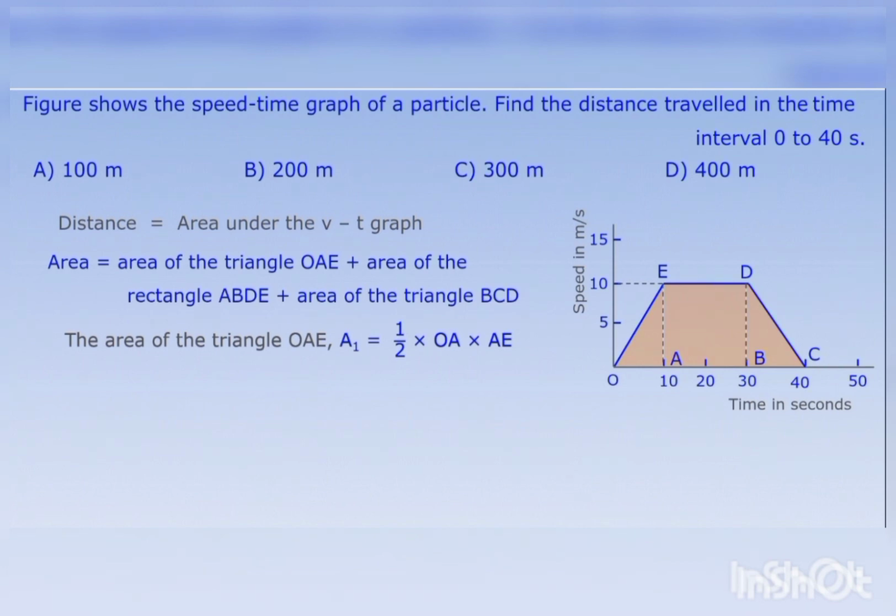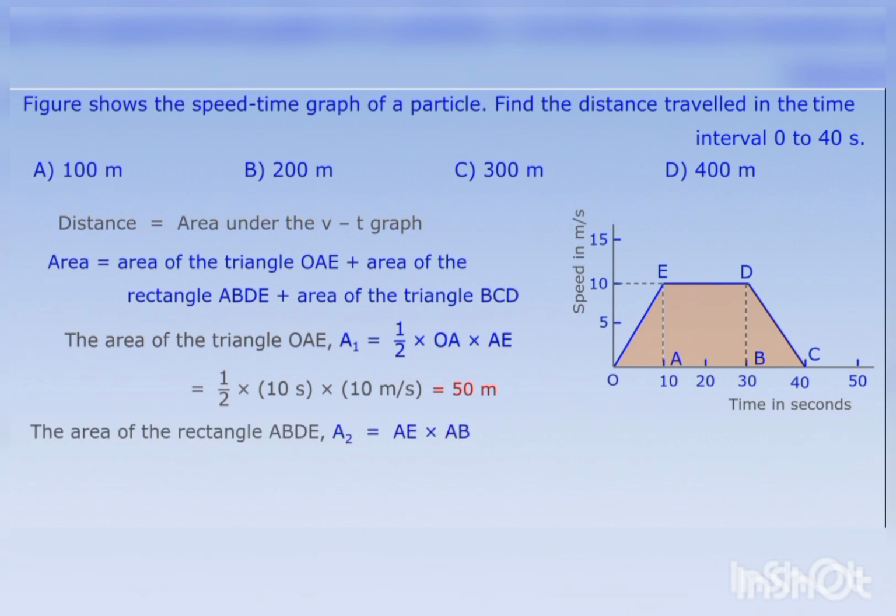In triangle OEA, area is equal to 1 upon 2 base into height, which is 1 upon 2 into 10 meter per second into 10 second, equal to 50 meter. In the rectangle ABDE, the area of rectangle is equal to AE into AB, equal to 10 meter per second into 20 second, equal to 200 meter.